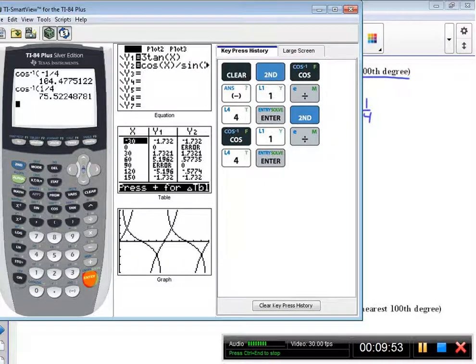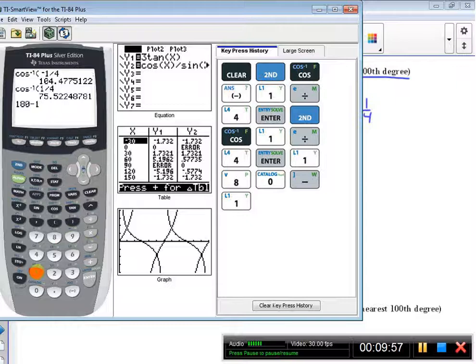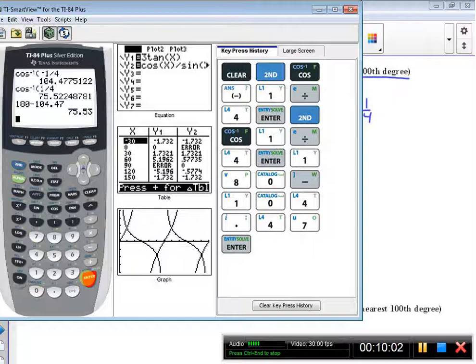You could have just taken 180 minus the 104.47, and you would have gotten basically the reference angle you needed as well. So it's giving you the answer in quadrant 2. If you just want the reference angle, you have to ignore the negative for cosine. So our reference angle is 75.52.